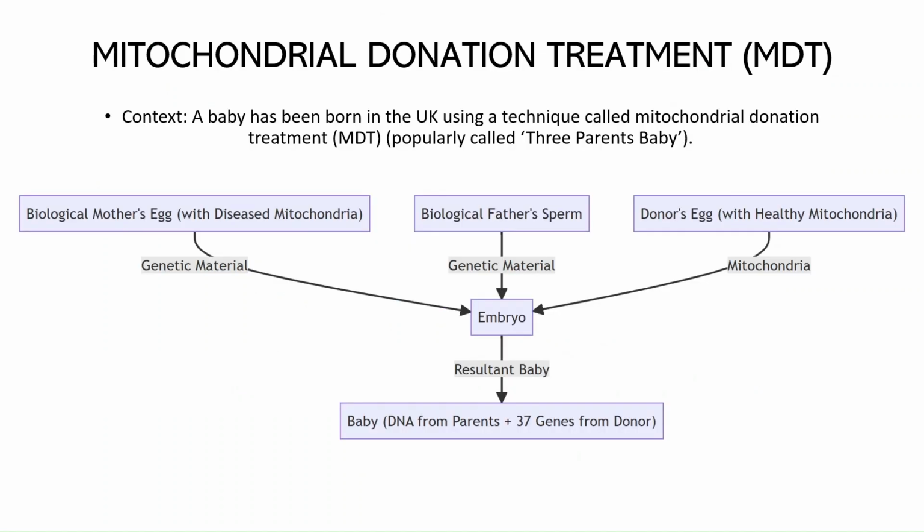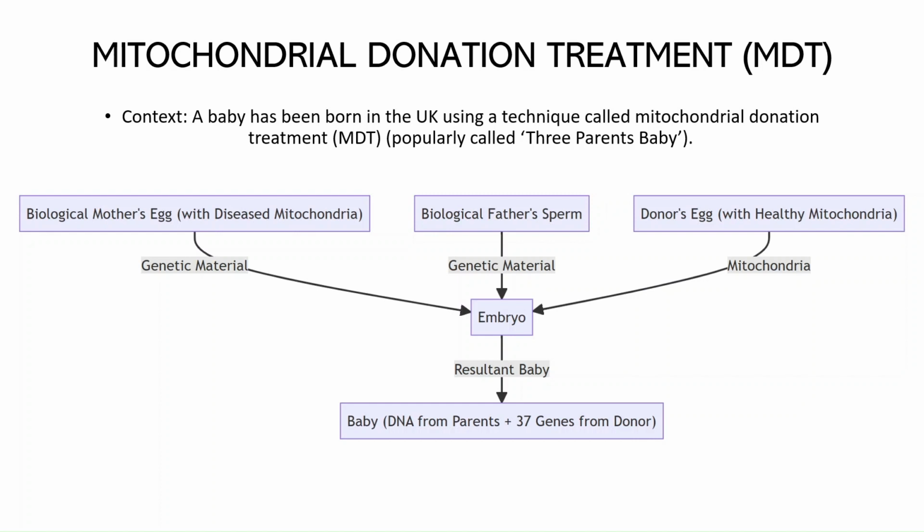The first topic is about the birth of a 3-parent baby in the UK, which was made possible through an incredible technology called mitochondrial donation treatment or the MDT procedure. So, what is MDT or the mitochondrial donation treatment?